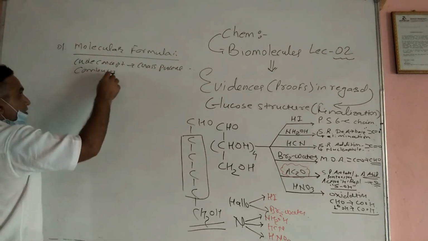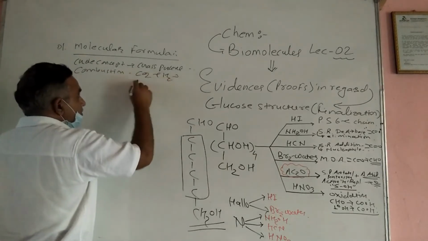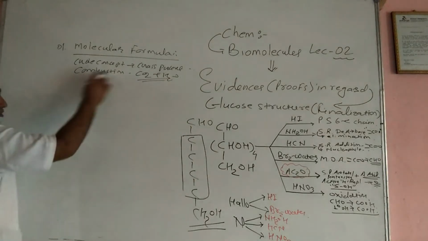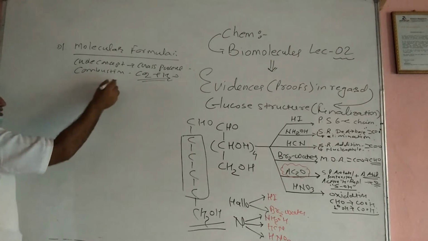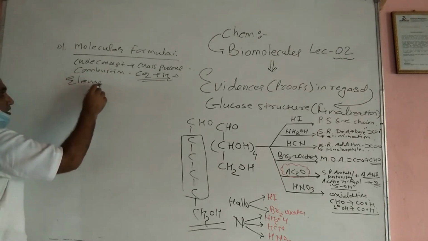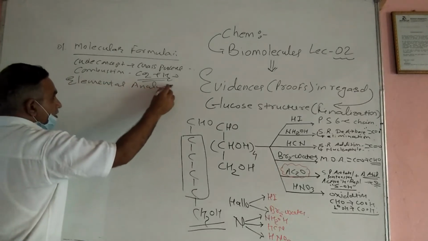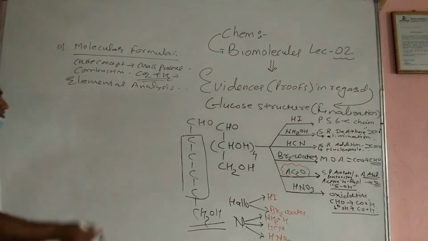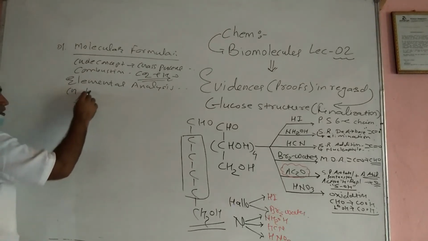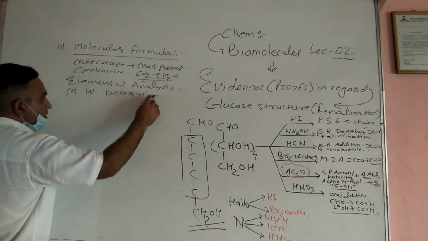As a result you will get CO2 plus H2O from the glucose, and this is the elemental analysis and interpretation, then elemental analysis and molecular weight determination.